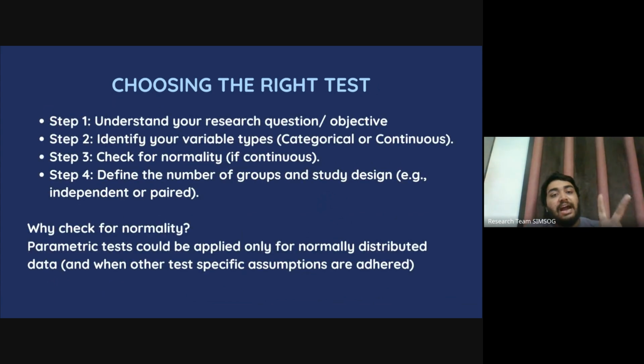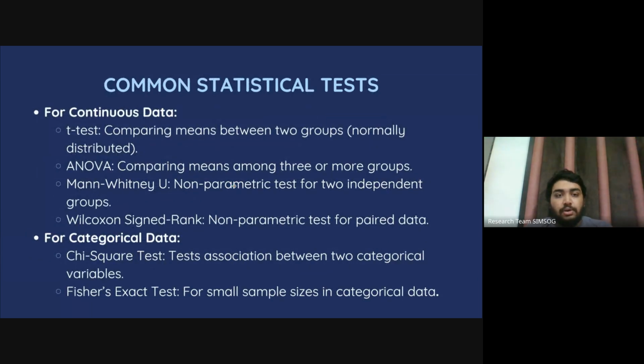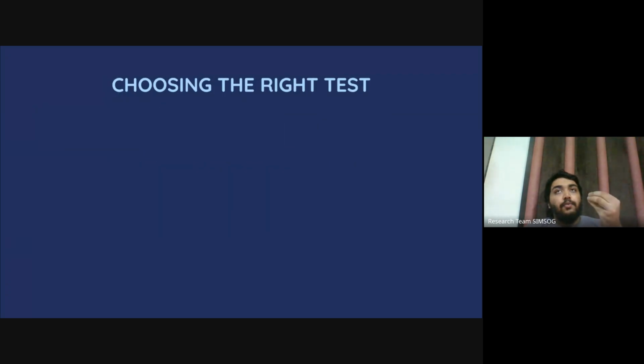The second thing is to identify your variable types. Even if guests are coming, you have to know whether they are vegetarian or non-vegetarian, right? So that you will cook accordingly. Or if they have any allergies and so on, you need to know about the people you want to serve it to. Similarly, you need to know about the data type. The third thing is whether the data is normally or not normally distributed.